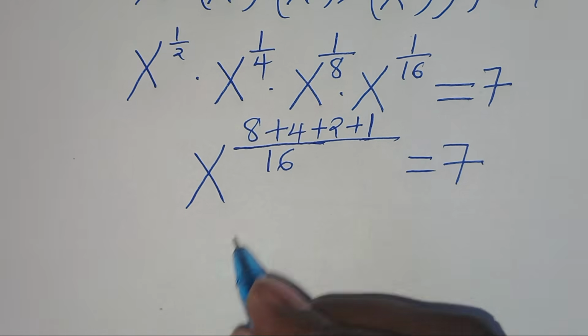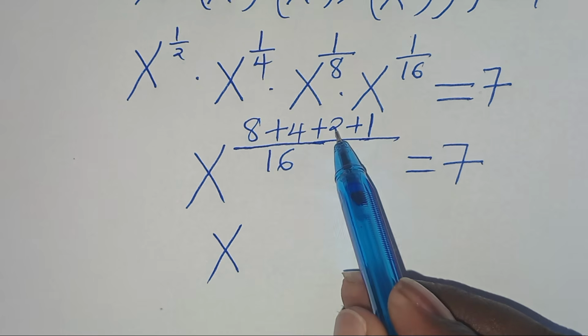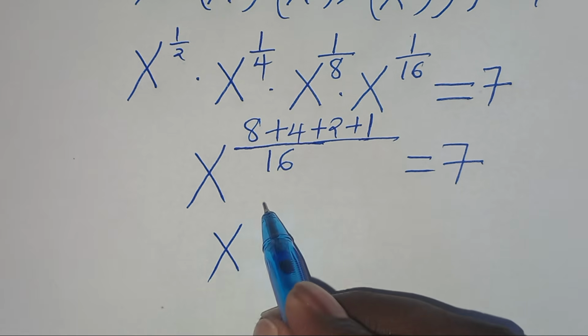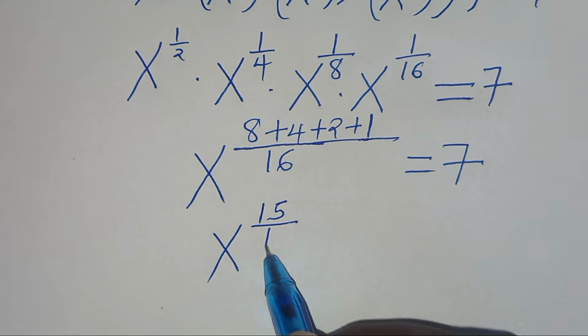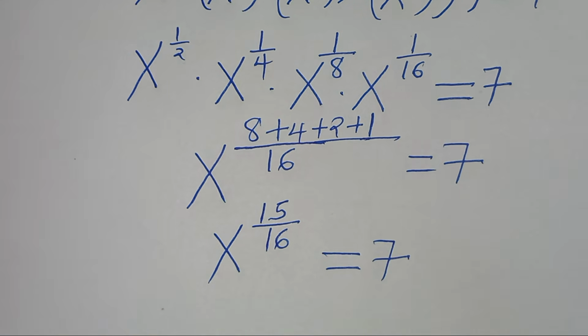Okay, now this is x raised to the power of 8 plus 4, this is 12 plus 2, 14 plus 1, this is 15, so we have 15 over 16, this is equal to 7.